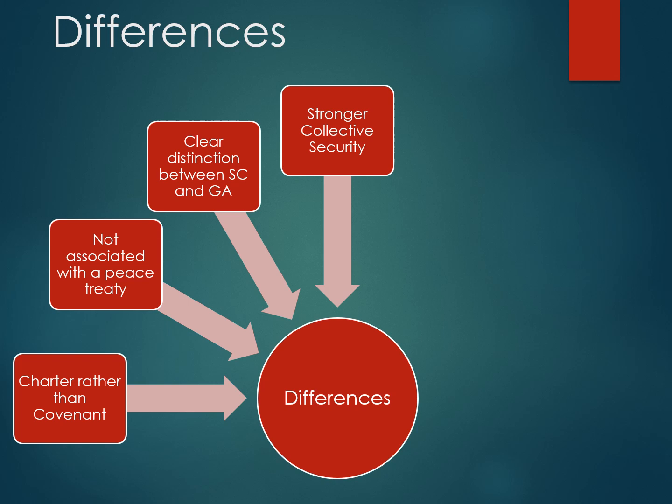The way that the Charter was set up and the Security Council was set up, collective security was really strengthened. When the League was set up after World War I, the feeling was that had better diplomacy taken place, then World War I could have been avoided. And the League reflected this.